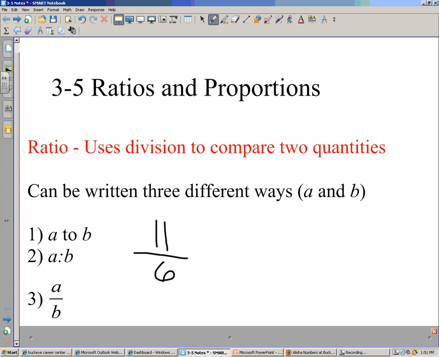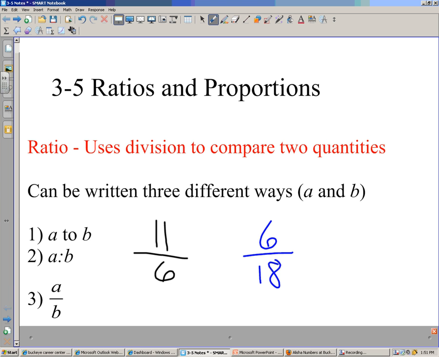What about female students to the number of people in this class? Well, how many female students do we have? 6 female students. How many people are in this class? 18. If you can count me, I'm a human. I'm a person. Female students to people.